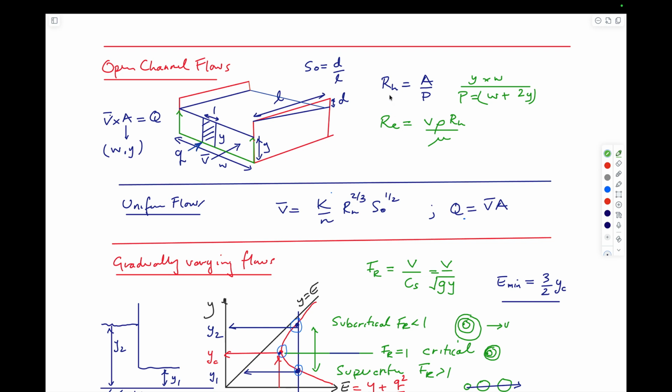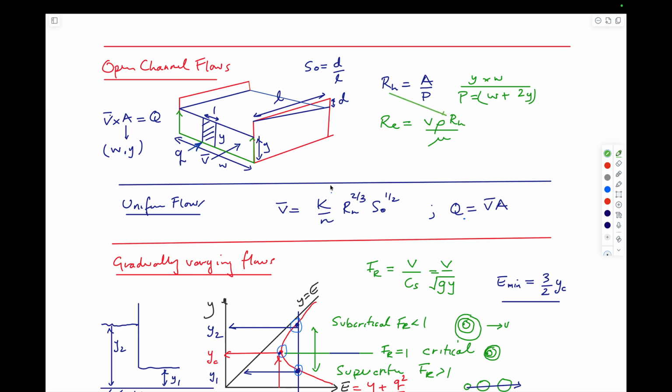We define a hydraulic radius, which is the area of flow divided by the perimeter. In this particular case, the area of flow is just width times height, and the perimeter of flow is the width plus 2 times the depth of flow, and the Reynolds number is defined in terms of the hydraulic radius.